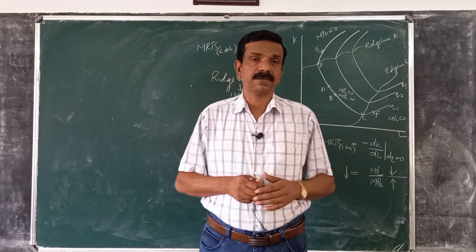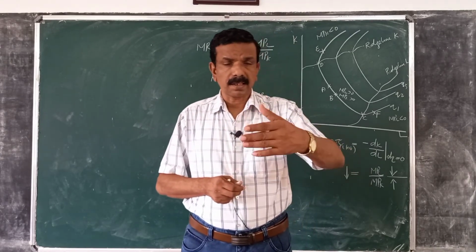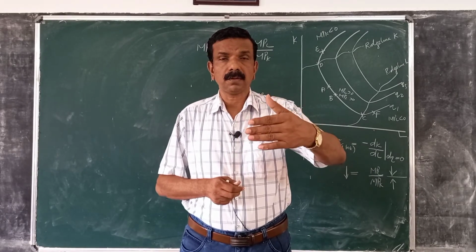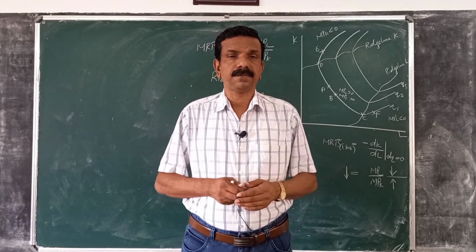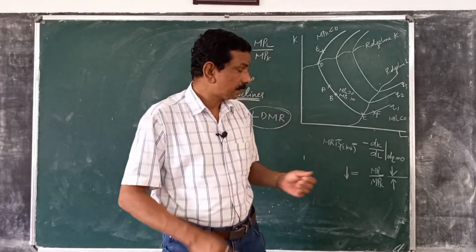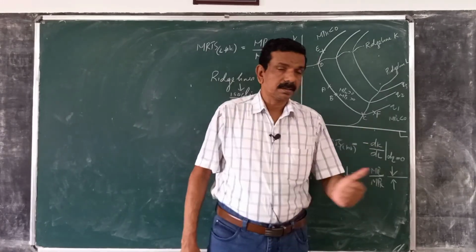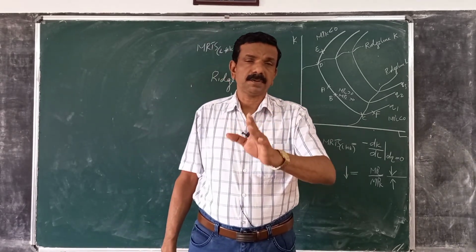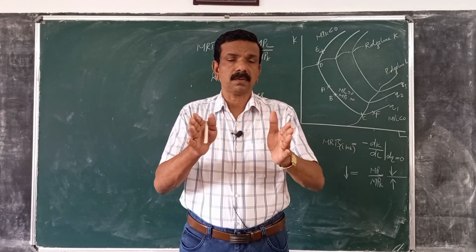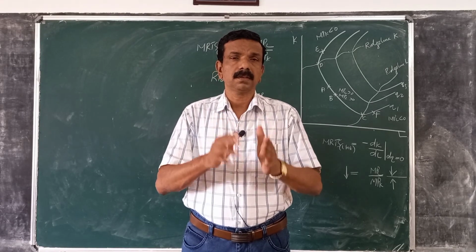That is the first proof. And in the next class, we will give a more formal mathematical proof to the fact that MRTS decreases as you move from left to right, or that isoquants are convex to the origin.